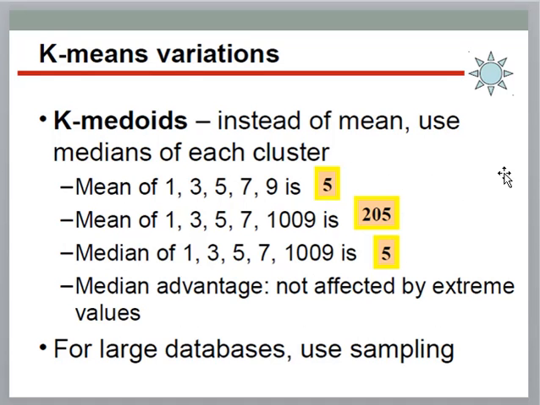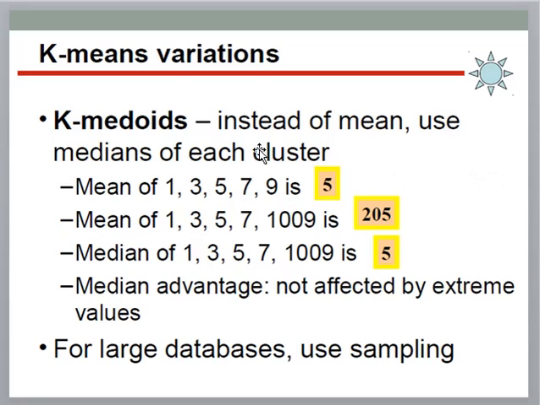There are a number of variations which different researchers have made in the basic k-means algorithm, and one of the variations is k-medoids, in which instead of taking the mean, we are basically using the median of each cluster, right? You know what the difference between a mean and a median is.